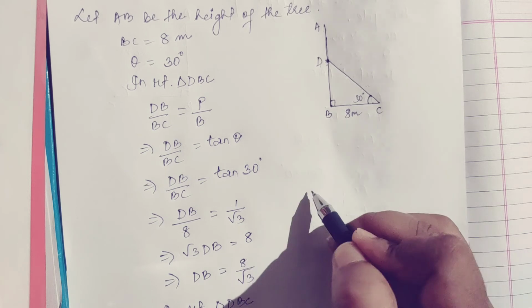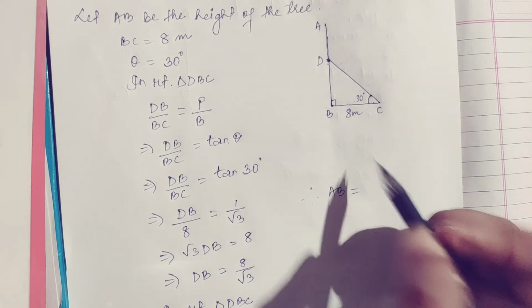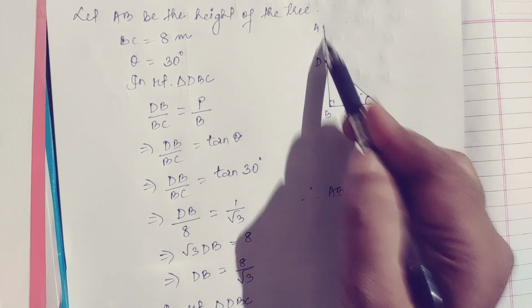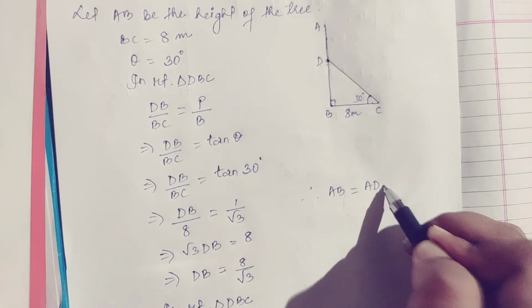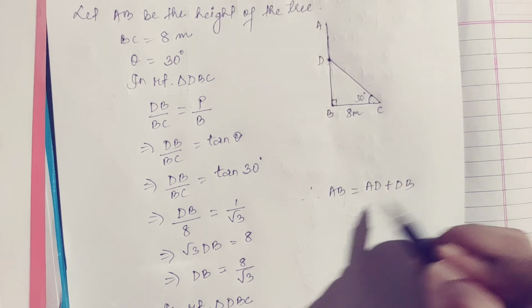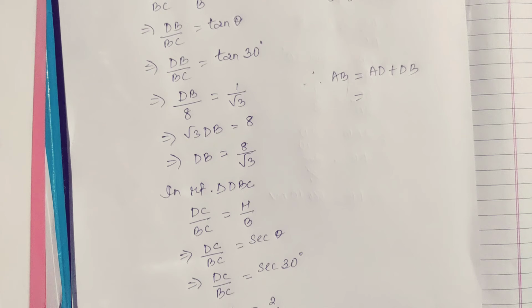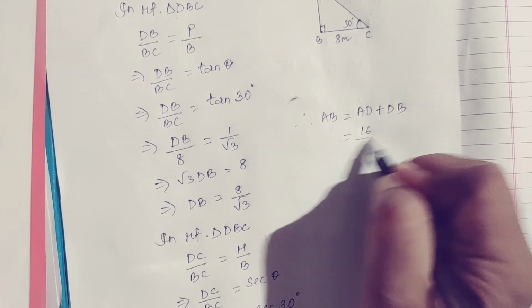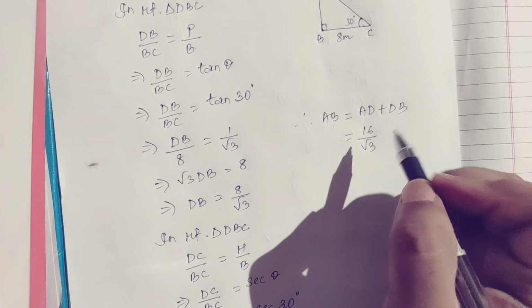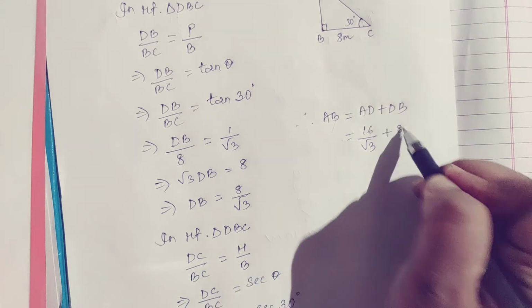Therefore AB will be AD plus BD, and write AD plus DB. So AD and DC are equal, so DC we got 16 by root 3. So in place of AD we can write 16 by root 3, plus DB, and DB we got 8 by root 3.